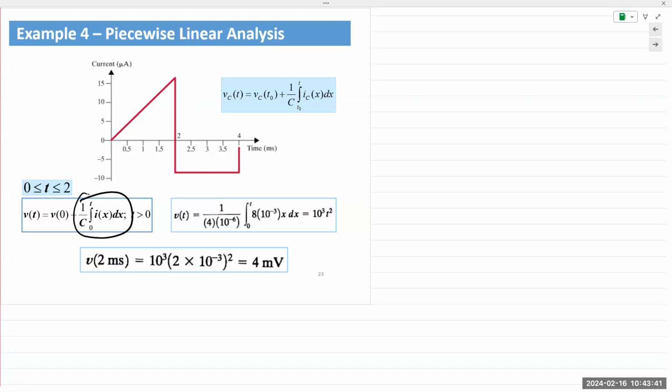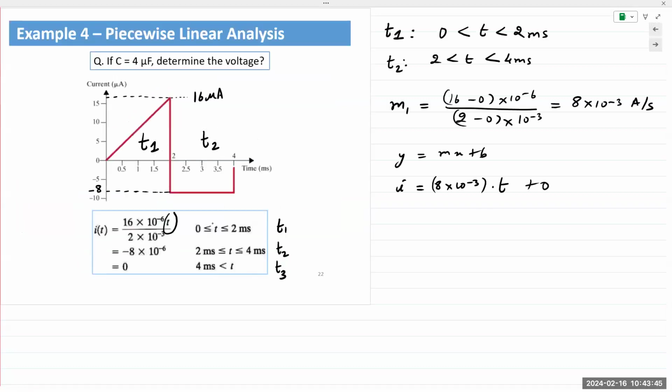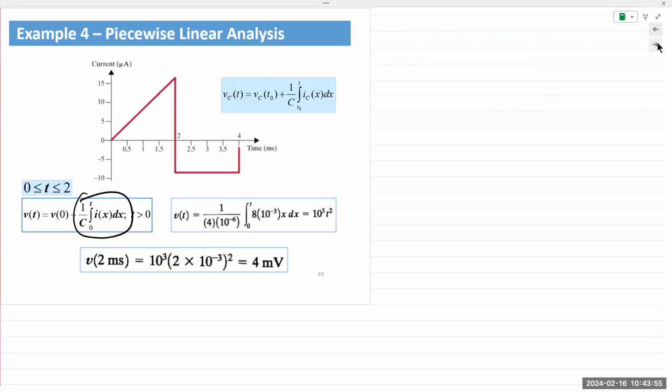It's a function of time right here, right? T. It basically means that equation describes the value of that current in the first time period. So when I go to find my voltage, it will also be a function of time.